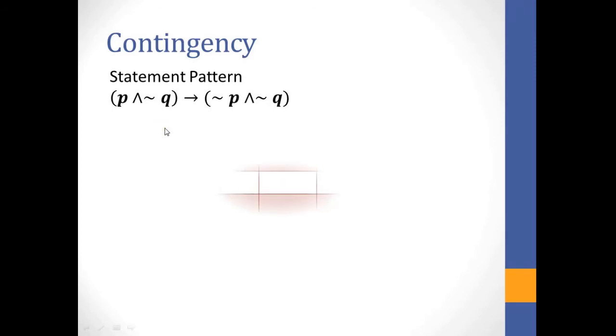Now next is contingency. We will take one example. See the statement pattern: P and negation Q implies, in the second bracket, negation P and negation Q. Again we will prepare the truth table for this.